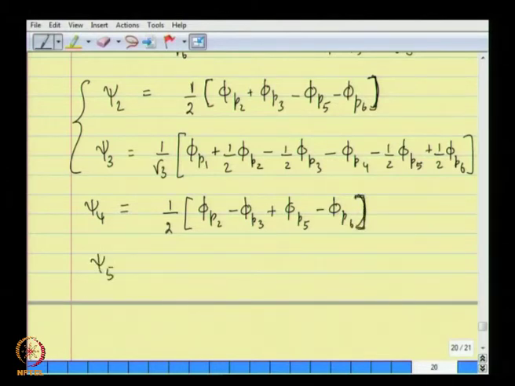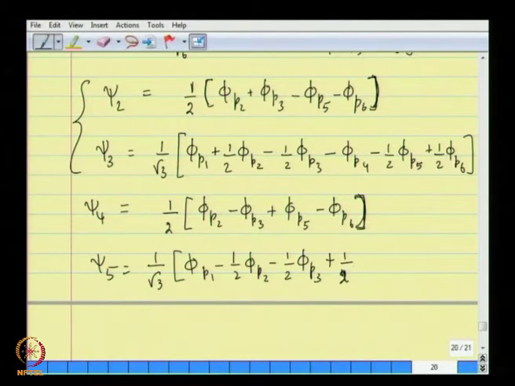Psi 5 is also written from the orbital psi 3: 1 by root 5 phi p1 minus 1 by 2 phi p2 minus 1 by 2 phi p3 plus 1 by 2, sorry, plus phi p4 minus 1 by 2 phi p5 minus 1 by 2 phi p6.